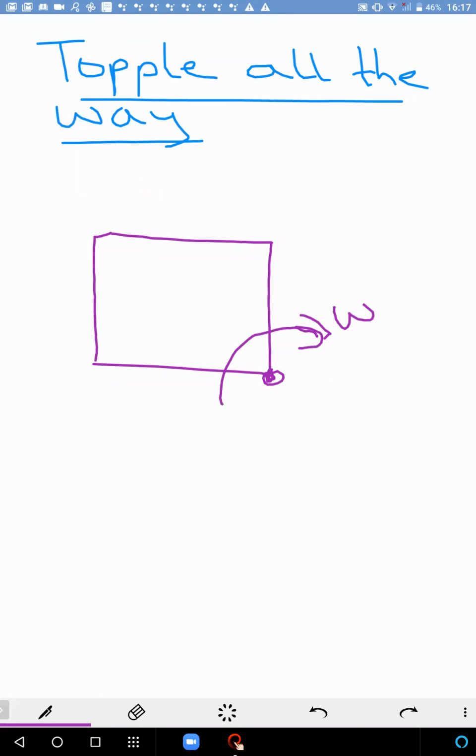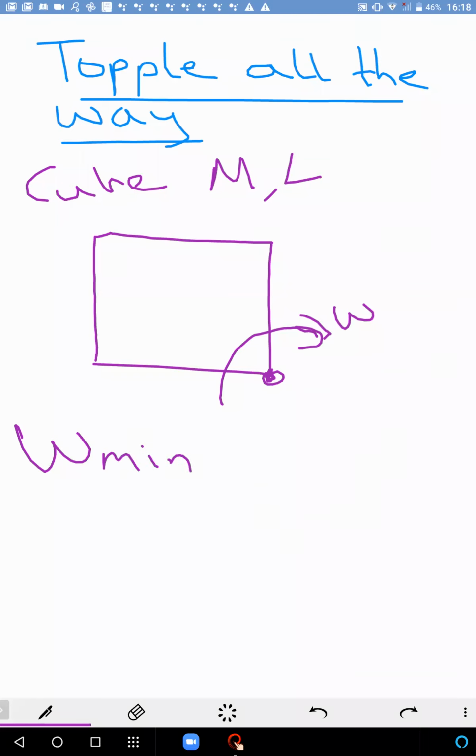You can imagine the car to be a cube of mass m and side length l. Maybe you can try this question. One type is toppling because of force, and this is toppling because of omega. What is the minimum omega for the car to completely topple?